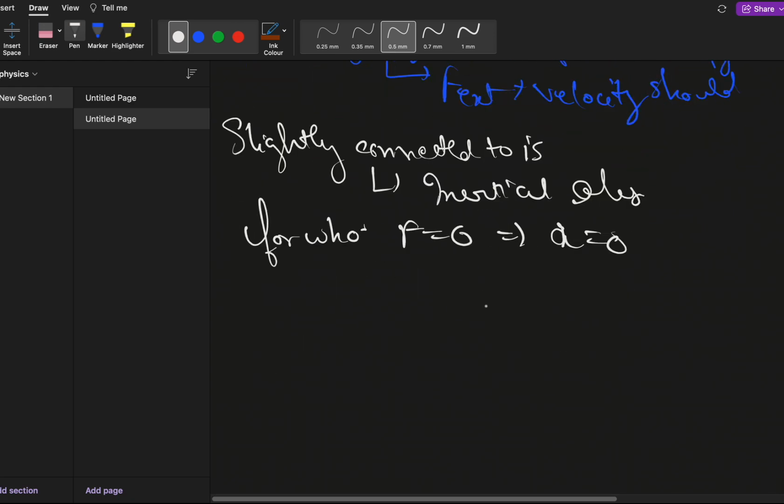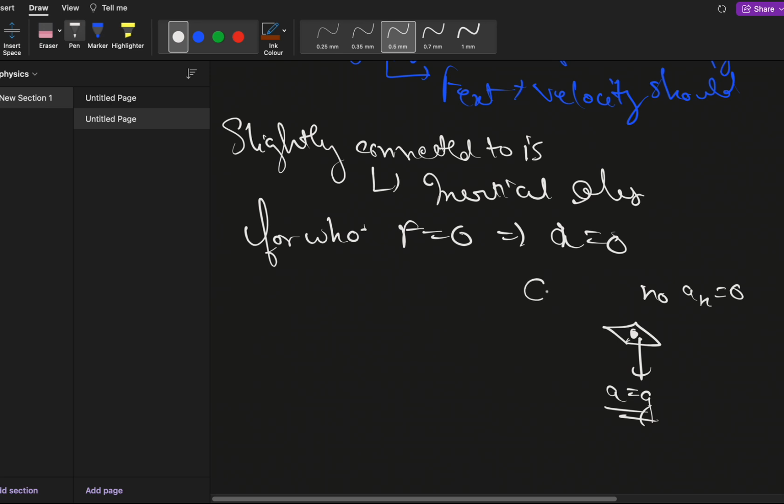What does this mean? Let us say there is an apple here which is at rest. It has only one force, and the acceleration is equal to g. No horizontal acceleration it has.